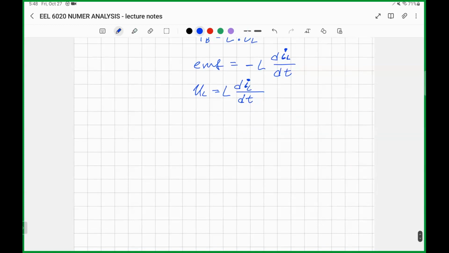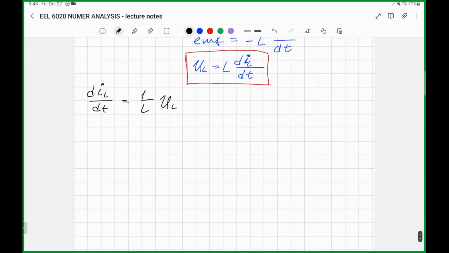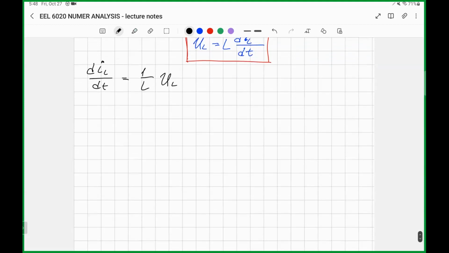And this is a quite important formula. Let me frame this formula up. And from this formula, I can isolate the time derivative of the current. So it's going to be 1 over L U_L, right? And if I integrate both parts over time, I'll get the actual formula for the current in transient.